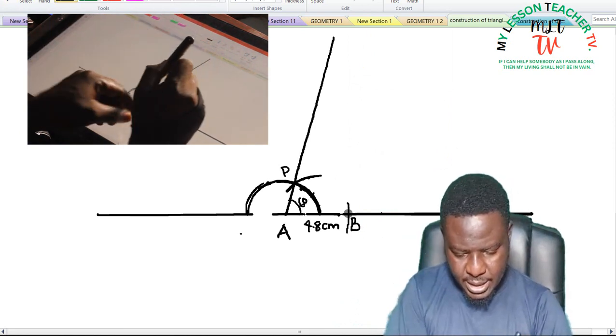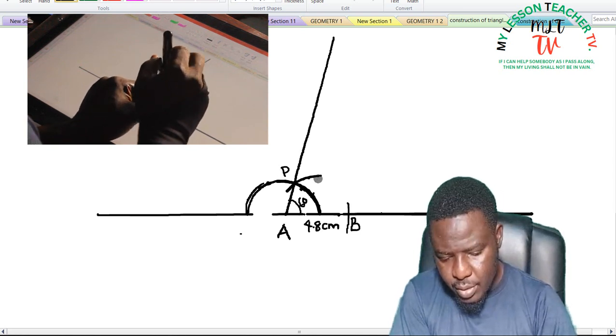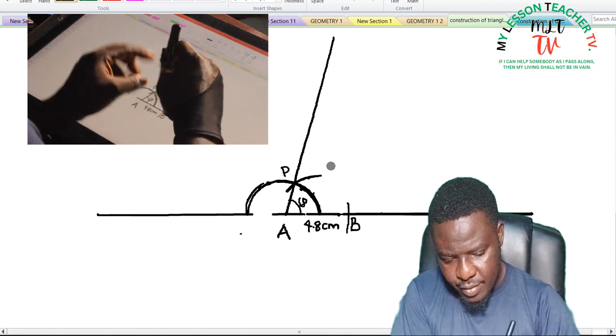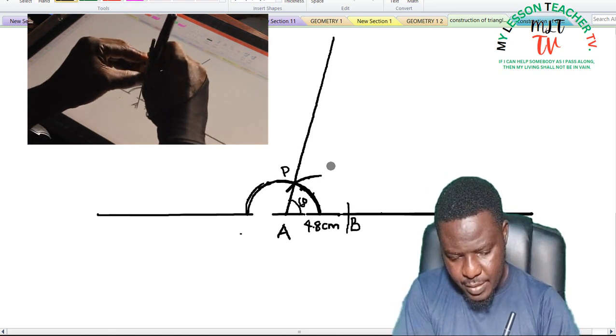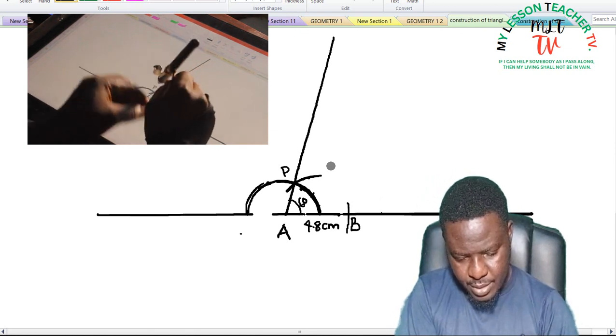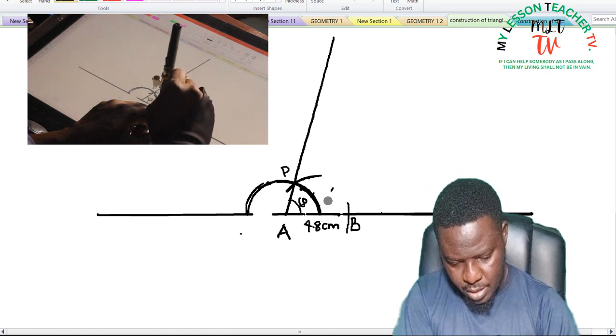With B as center and any radius greater than half BD, we're going to construct an arc.